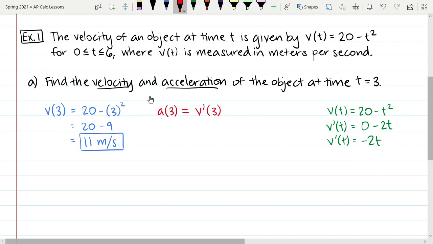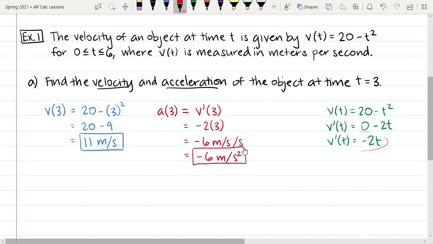So coming back here to find the acceleration, again, that's the same as v prime of 3. So I'm going to take my v prime and evaluate it at 3. And that's going to give me negative 6. Acceleration, because it is the rate of change of velocity, is going to be negative 6 meters per second, which we would typically write as negative 6 meters per second squared.